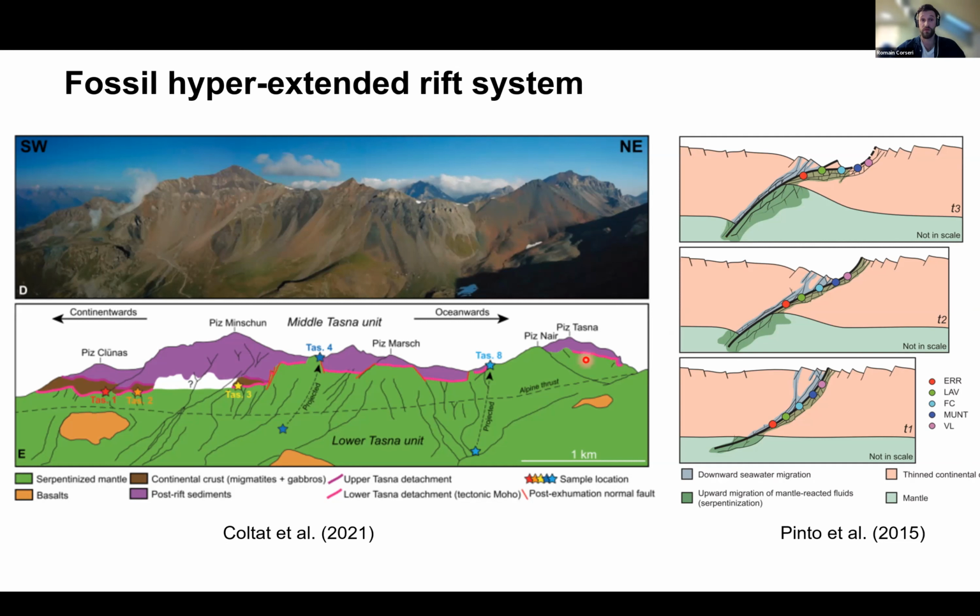From these fossil systems, we know that fluids are circulating in this rift system, and they can ascend through faults from the upper mantle and contaminate the sediments in the basins.